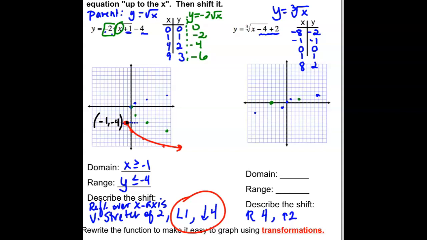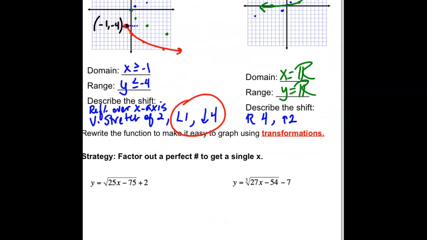Right 4, up 2, right 4, up 2, right 4, up 2, and right 4, up 2. It's about there. So we have this kind of a twist happening. Remember, for cube root graphs, our domain and range is always all reals. There's no cutoffs to those.